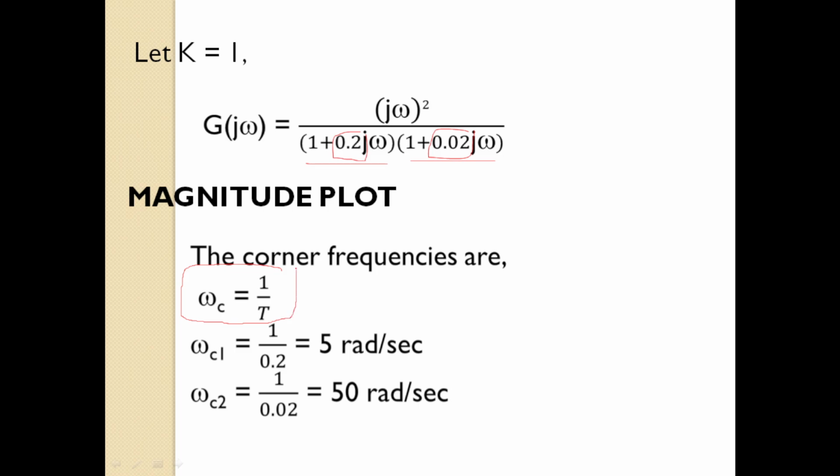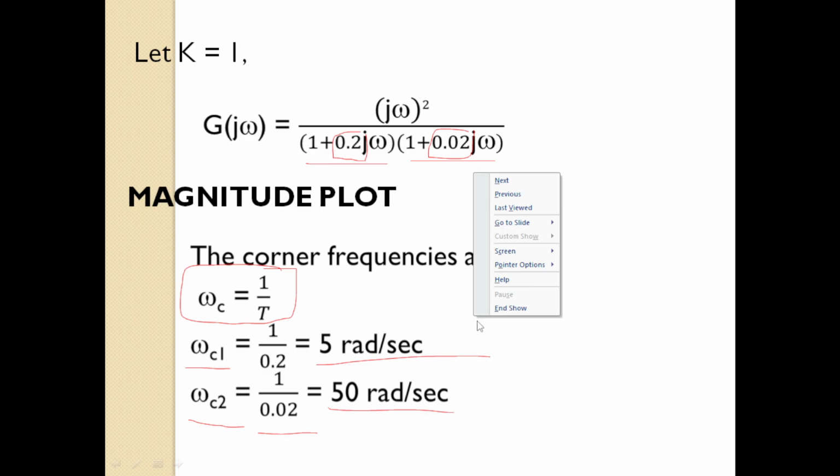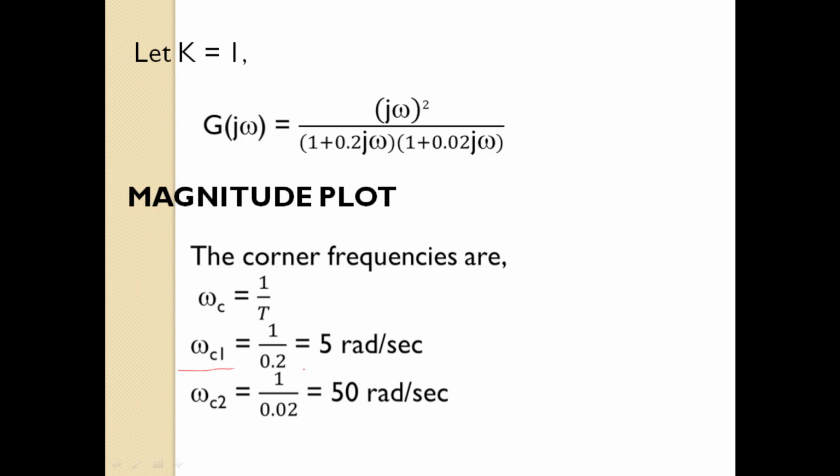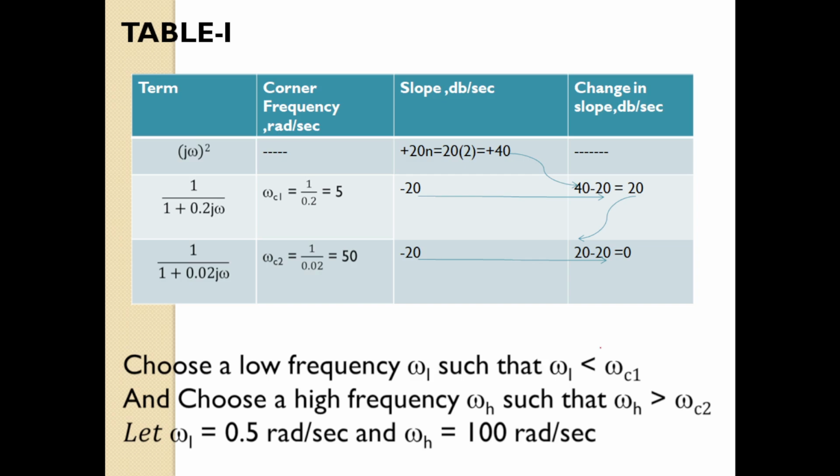Omega c equal to 1 by T. So omega c1 equal to 1 by 0.2, you will get 5 radians per second, and omega c2 equal to 1 by 0.02, you will get 50 radians per second. So we have got 2 corner frequencies now, omega c1 equal to 5 radians per second and omega c2 equal to 50 radians per second.